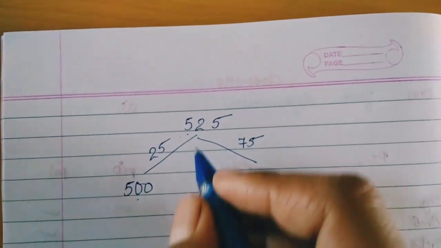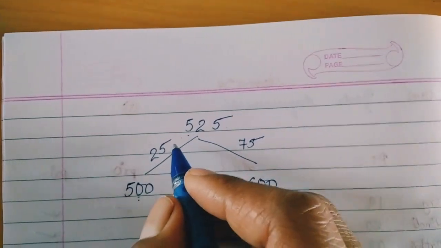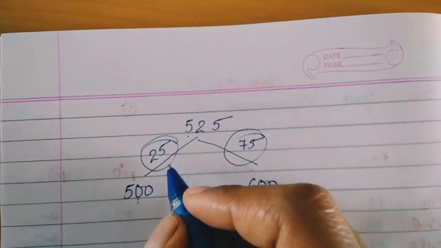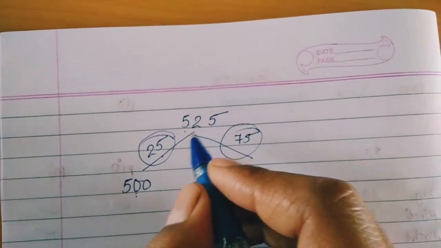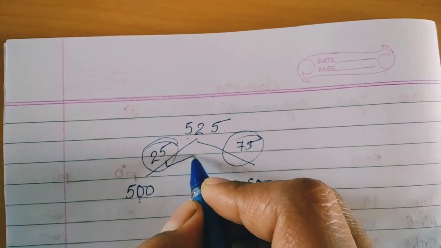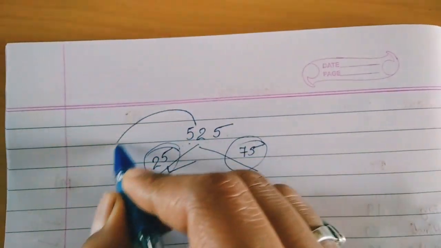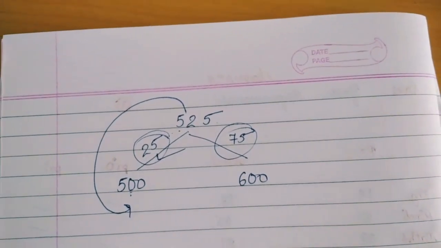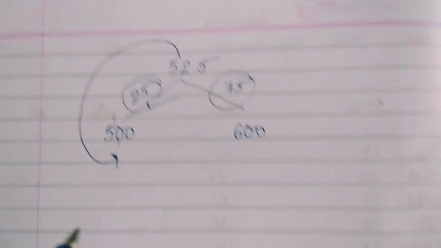Where is the gap less, 25 or 75? Yes, the gap between 500 and 525 is less. So our 525 will be rounded as 500. We will choose the nearest gap.